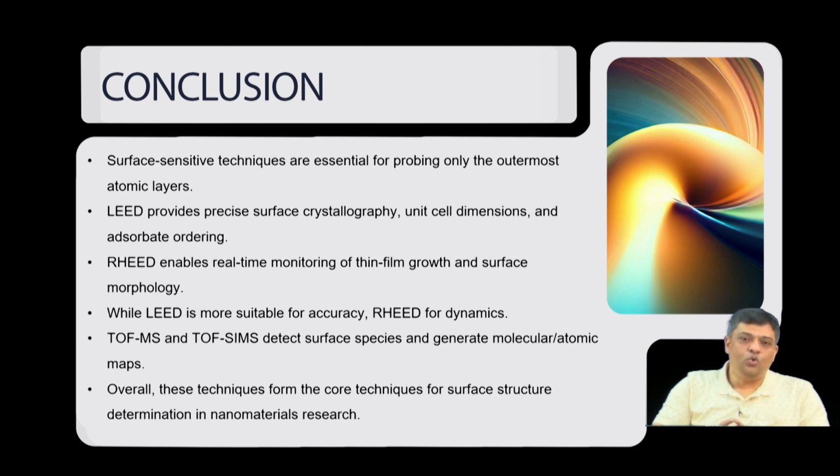So, now you have knowledge about nanomaterials, how to synthesize those nanomaterials, how to characterize those nanomaterials, and we have also discussed the applications of those nanomaterials, and that is where the technology comes into picture.